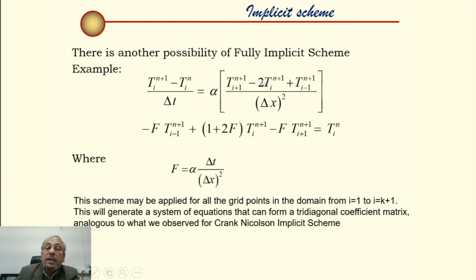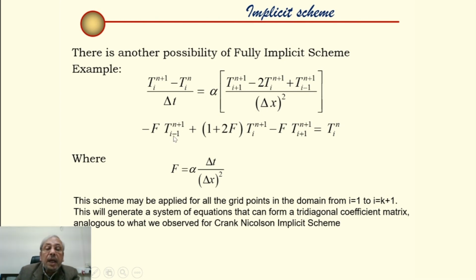And at the n plus 1th level, nothing is known. These values are not known. So we transfer all the unknown values to the left hand side. We can write Ti minus 1 at n plus 1 with its coefficient, plus 1 plus again its coefficient into Ti at n plus 1, minus again a coefficient into Ti plus 1 at n plus 1, equal to Ti at n.